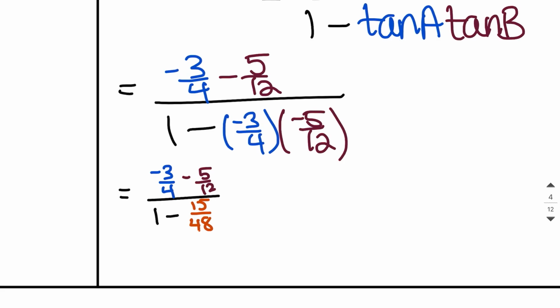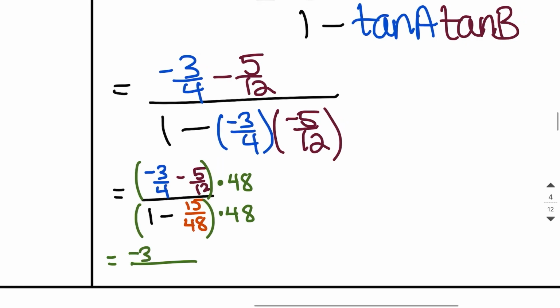Okay, so then I don't like my fraction, so I'm going to clear my fraction. I'm going to multiply by an LCD, which is 48. I'm going to multiply every single term by the LCD, so all of my numerator, all of my denominator. When I multiply -3/4 by 48, I would get -36.